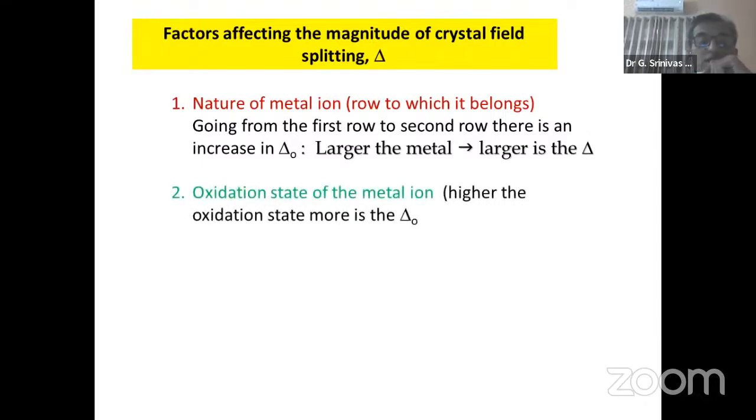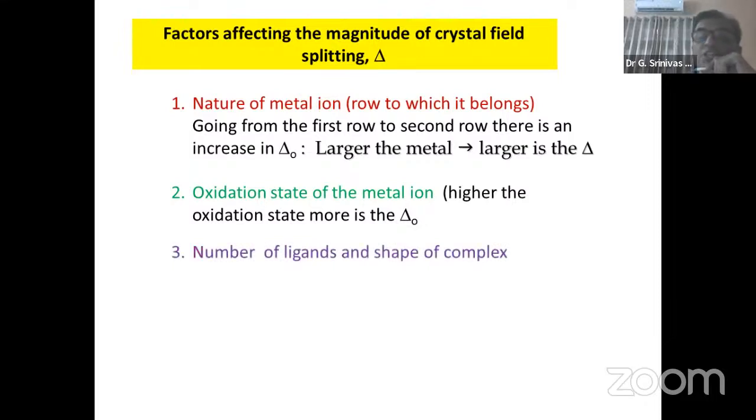And the second one is the oxidation state of the metal ion. You can see that the higher the oxidation state, like +3 compared to +2, the more positive charge it has. The metal attracts the ligands, or negative poles, towards itself more intensely. That's why the higher the oxidation state, the higher is the crystal field stabilization energy.